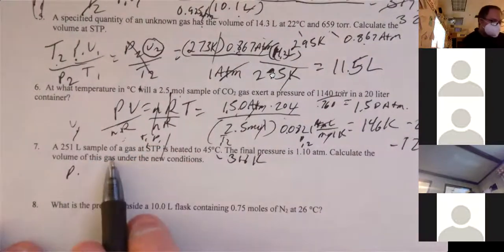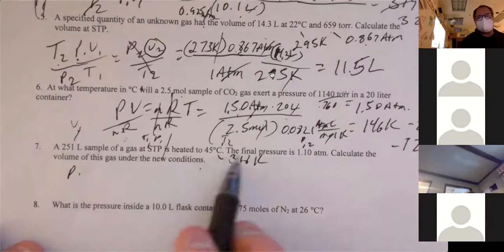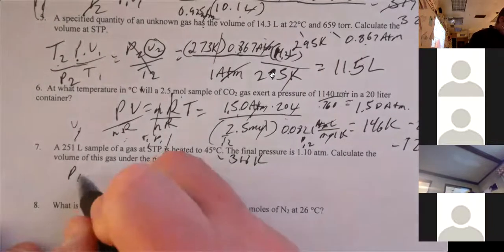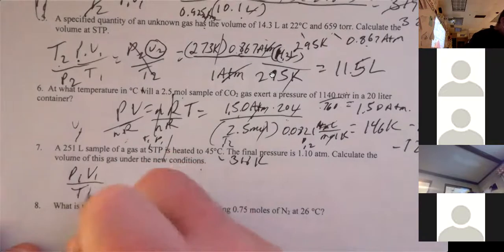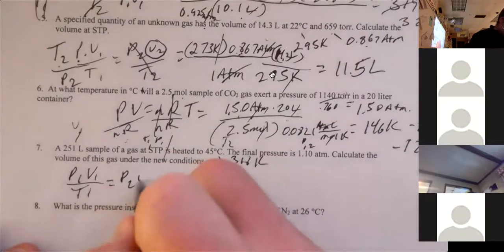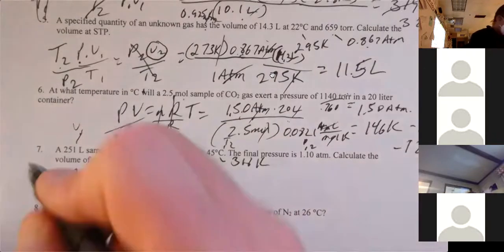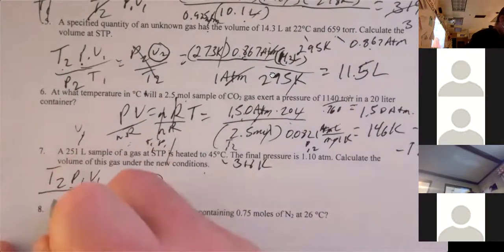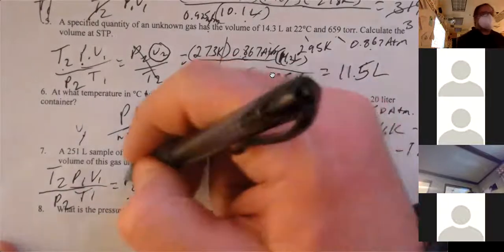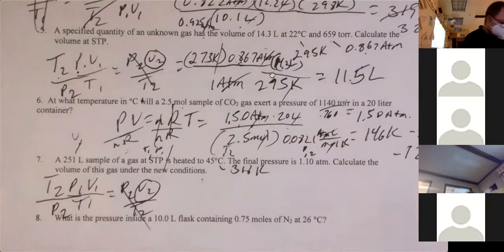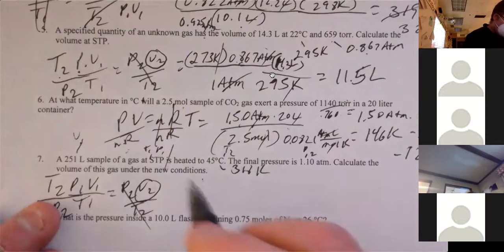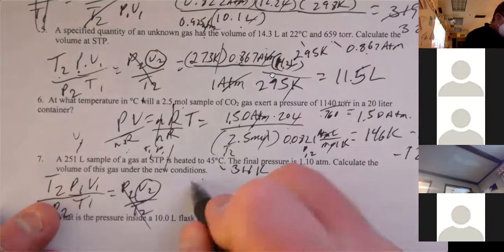Again, since they say new conditions or the final pressure, that gives us a hint that we're using the combined gas law instead of the ideal gas law. We're trying to solve for V2. So we need to multiply by T2 and divide by P2, causing them to cancel out. T2 is 318 Kelvin.